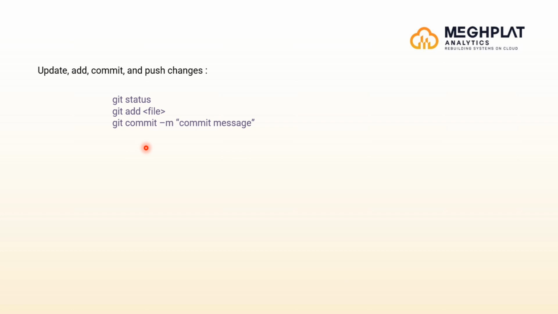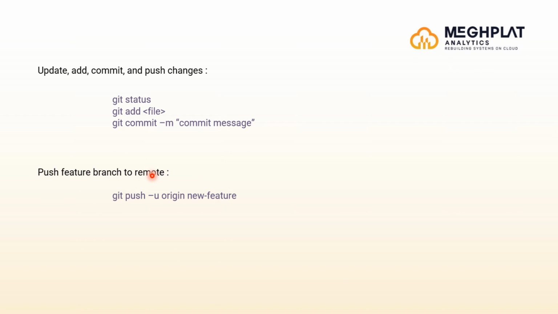When ready, we need to push our commits, then update the feature branch on Bitbucket. So this is the command we use. First we need to check the git status to see which branch we are on, then we need to add the file, then commit the changes with the commit message. After that, push feature branch to remote.